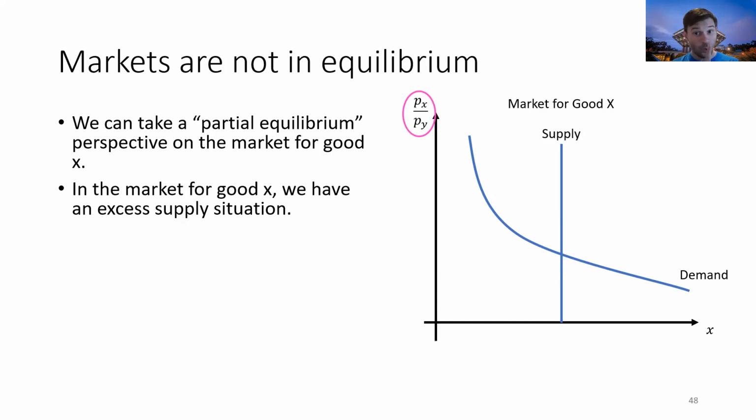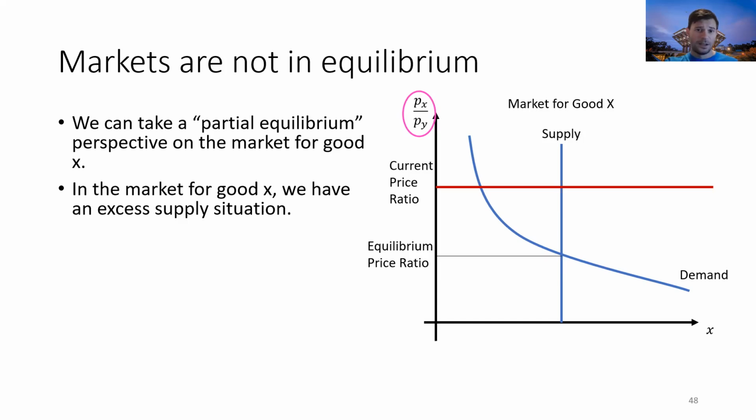Yeah, it's got to be too high. If we have a surplus where supply exceeds demand, I'm going to argue that the current price ratio is a little too high. That is why the market for good X is in a surplus.